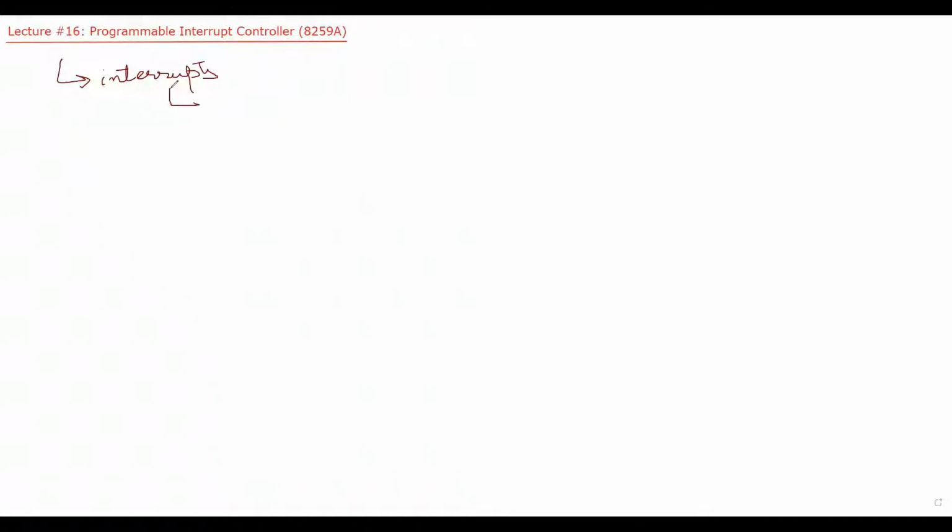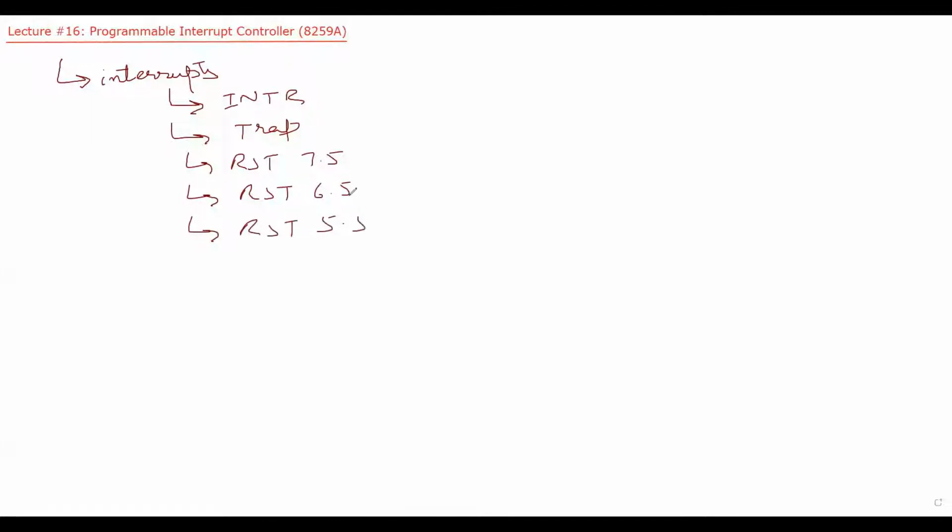Basically we discussed the INTR interrupt, then we also discussed TRAP, then RST 7.5, RST 6.5, and RST 5.5. For these four interrupts, we said that these are vectored interrupts.